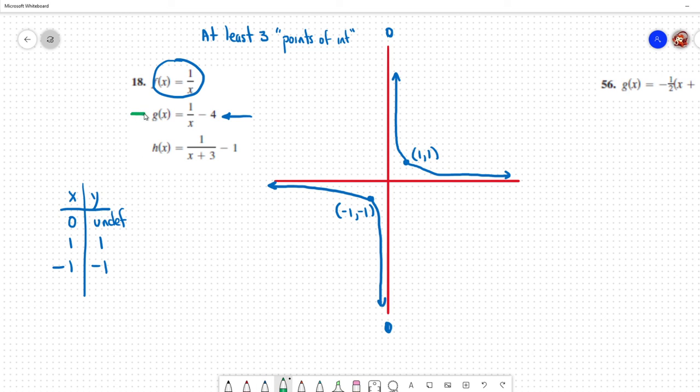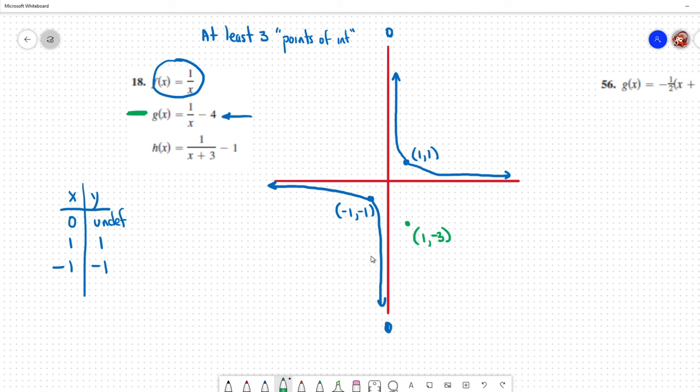I'm going to make this a green graph. So I'm going to take this coordinate and move it down 4 points. It's going to be somewhere down here. So this will be at 1, -3. This would be down.